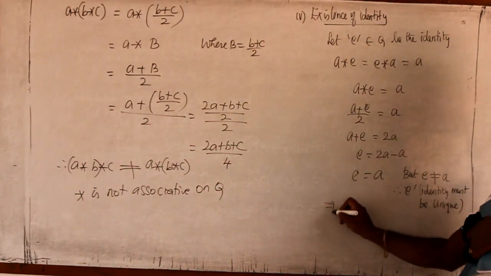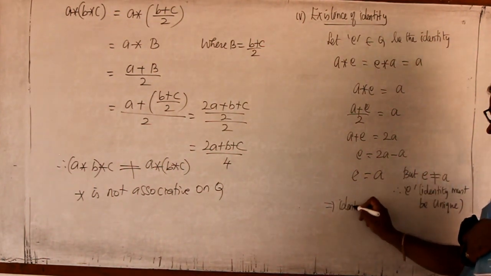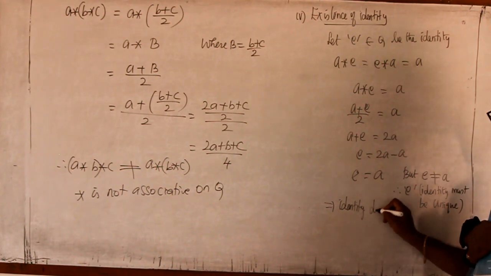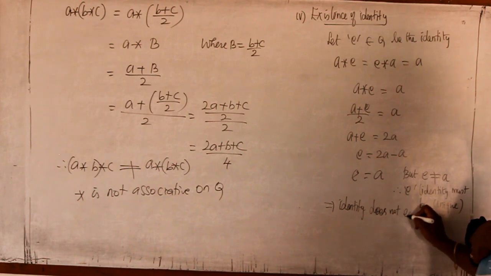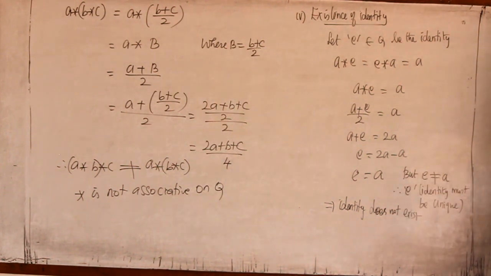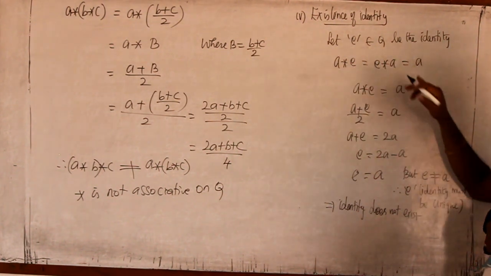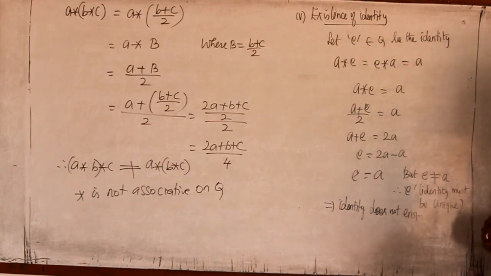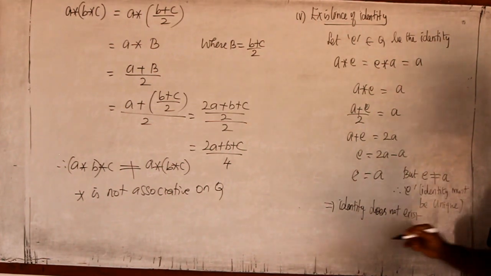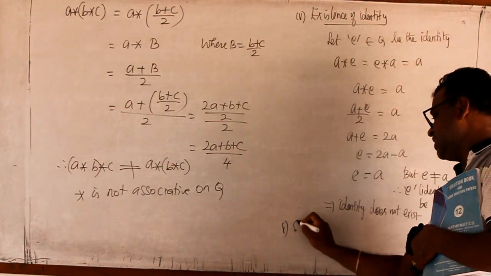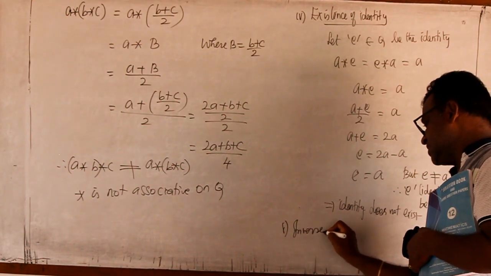This implies identity does not exist. Remember, A should not be the identity, E must be some other element. So, A star A cannot be A, therefore E cannot be A, therefore identity element does not exist. From this we can say the inverse does not exist.